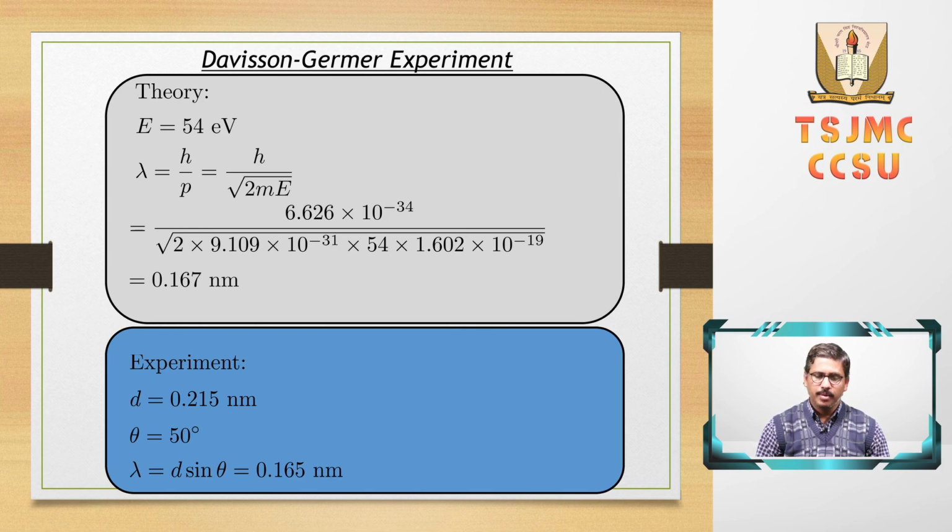And from the experiment, Davisson and Germer put the values into d sin theta equal to n lambda, taking n as 1, that means first order, and they got the wavelength as 0.165 nanometer. You can see that the experiment supports the theory, and the theory supports the experiment.